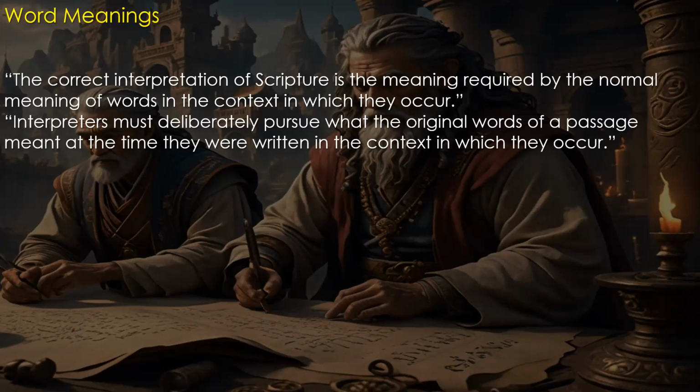Okay. And of course, if you're reading an English translation, you're already reading it through the filter of a particular translator. And oftentimes, words in Hebrew and Greek and Aramaic don't have perfect bridge words in English. Sometimes we don't have good English words to describe the meaning of these ancient words.